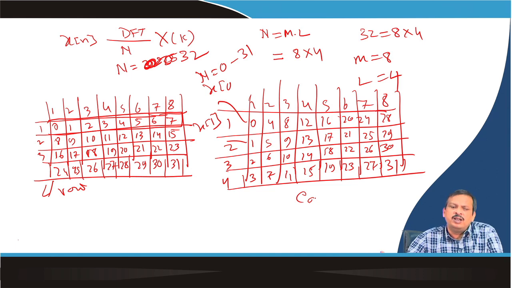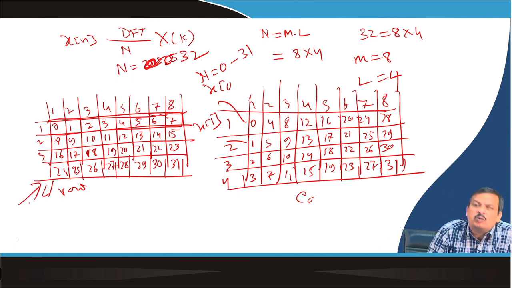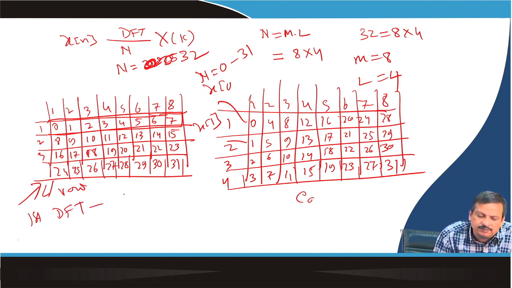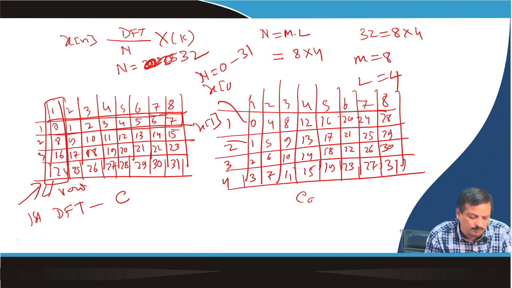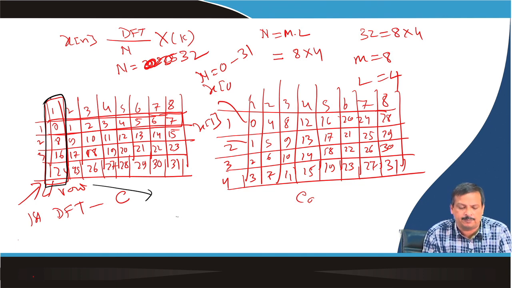Let's say I store the data row wise. The first step is to compute the DFT column wise. So I have to compute the DFT for the first column.